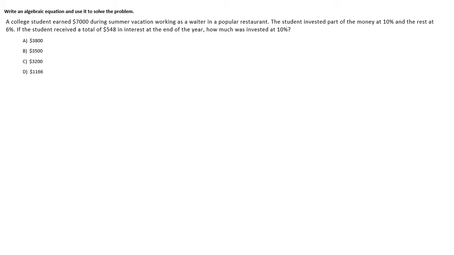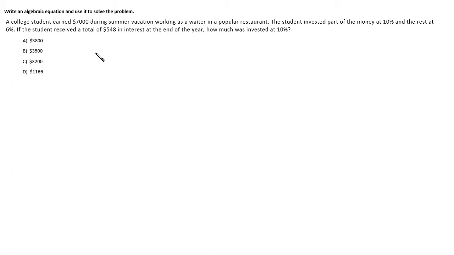Okay, the problem at hand here involves a student who has some money to invest. We're seeing words like interest and rates of return like 10% and 6%, and how much interest will be received by the student.